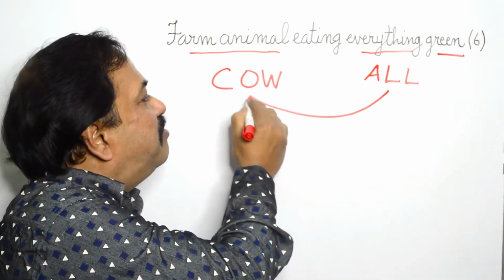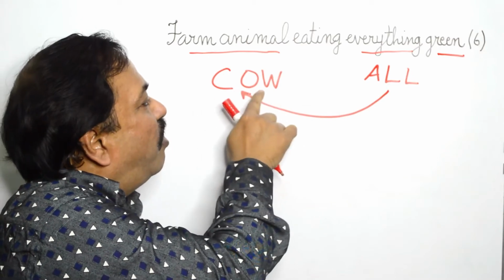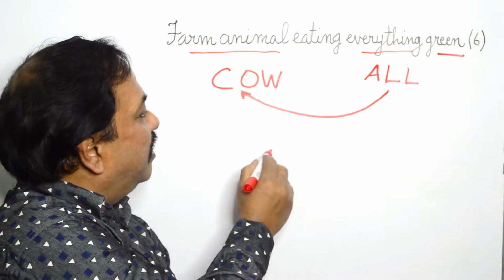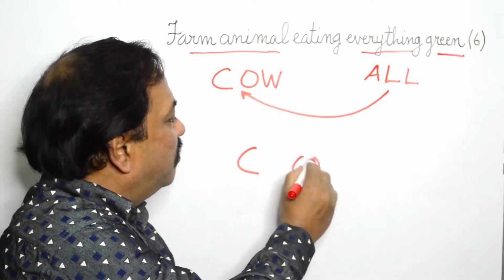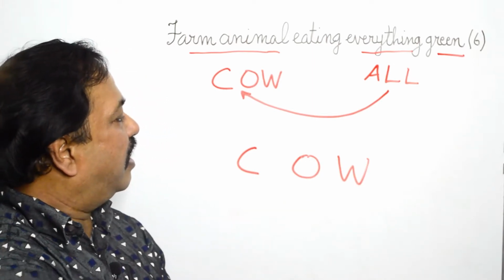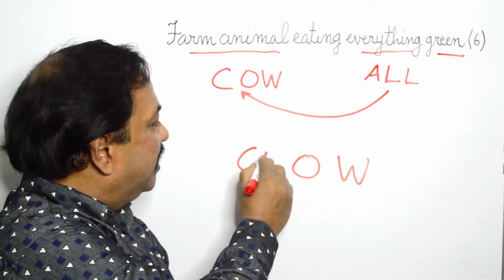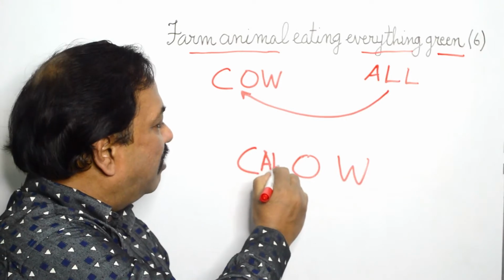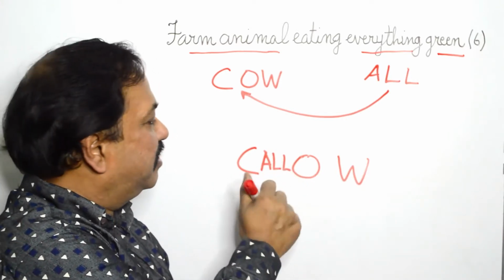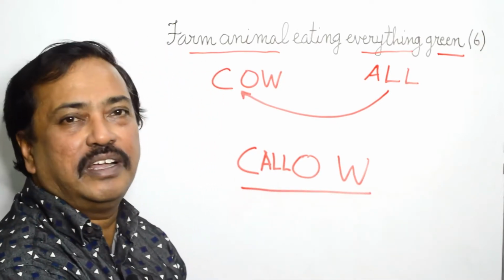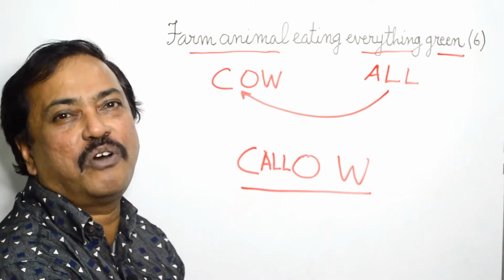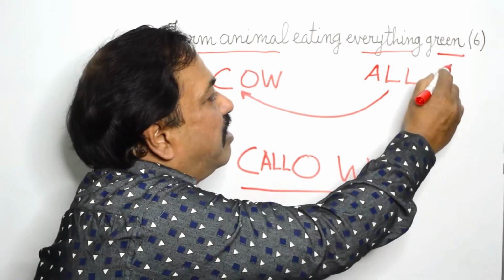So ALL will come either here or here inside. Let's see. COW. And we have a word CALLOW. After we put ALL inside here, we get a word CALLOW. And callow is an adjective meaning inexperienced or green, which is our definition.